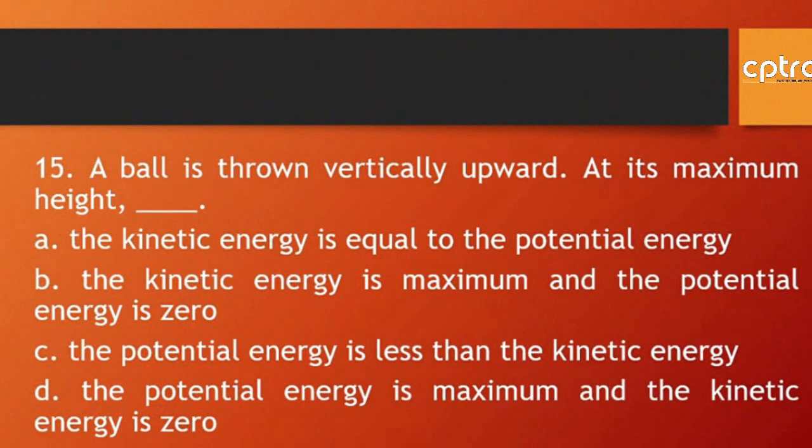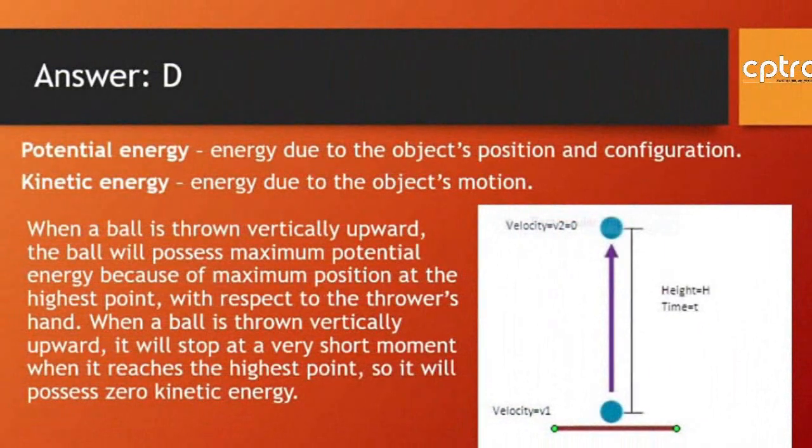15. A ball is thrown vertically upward. At its maximum height, blank. The answer is letter D. When you say potential energy, it is the energy due to the object's position and configuration, while kinetic energy is the energy due to the object's motion. Potential energy depends on the position or the configuration of the object, while kinetic energy depends on the speed of the object.